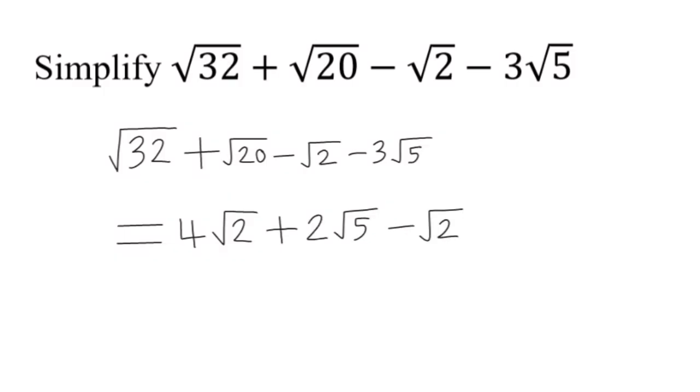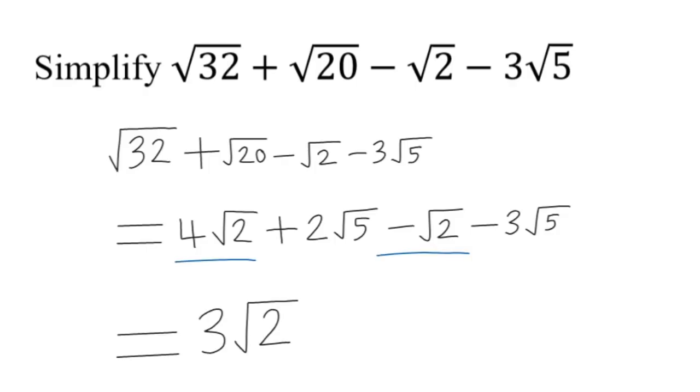So this becomes 4 times the square root of 2 plus 2 times the square root of 5 minus the square root of 2 minus 3 times the square root of 5. We collect the surds that have the number 2 in them to get 3 root 2, and we collect the surds that have the number 5 in them to get negative root 5. Therefore, this becomes 3 times the square root of 2 minus the square root of 5.